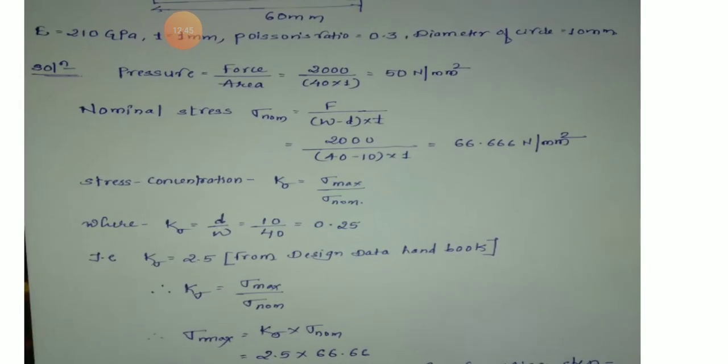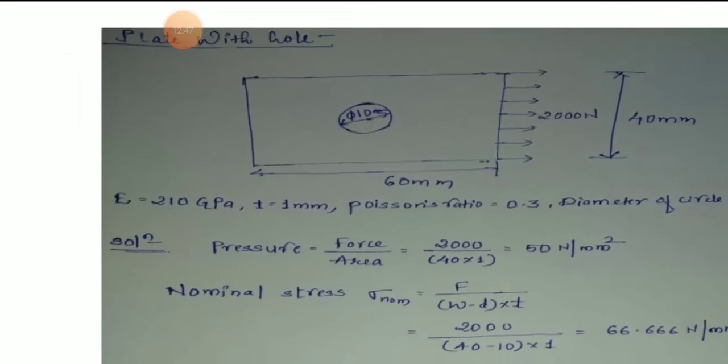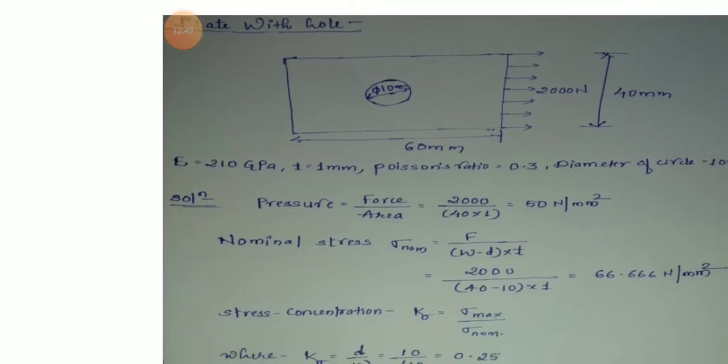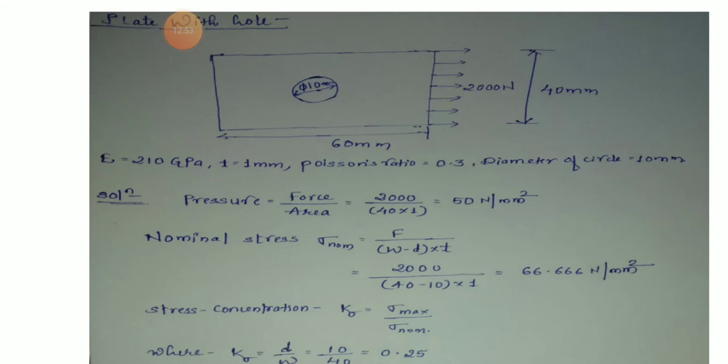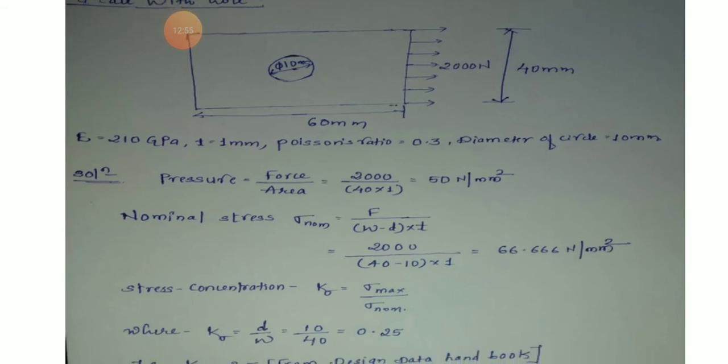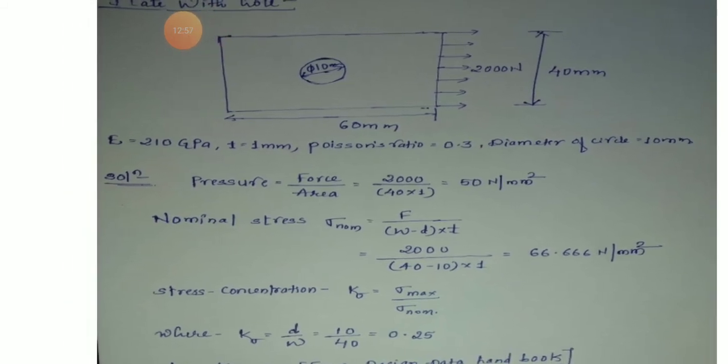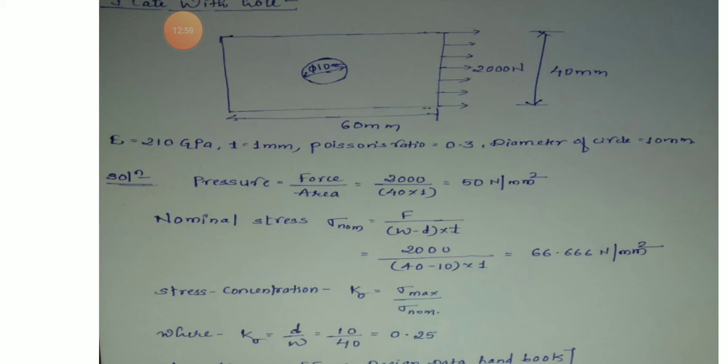Okay. Next problem we'll see is analysis of a plate with a hole. We have to find out the value of the von Mises stress for a plate with a hole. The plate is given here with dimension 160 by 40. A load of 2000 Newton is applied. A hole in the plate has a diameter of 10 mm.